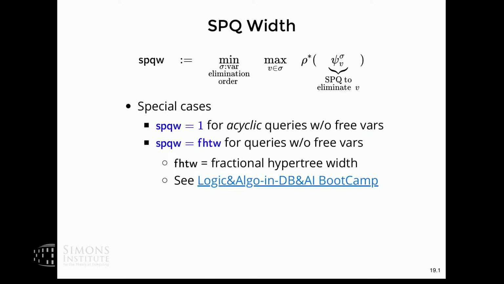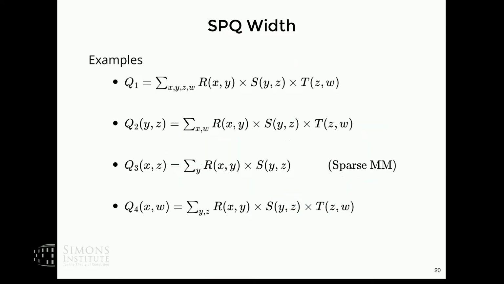And for more background about tree decompositions and width measures, I also invite you to watch Hank's tutorial in the bootcamp about a month ago. So in general, for queries with free variables, it could be higher than the fractional hypertree width. And we will see a couple of examples.